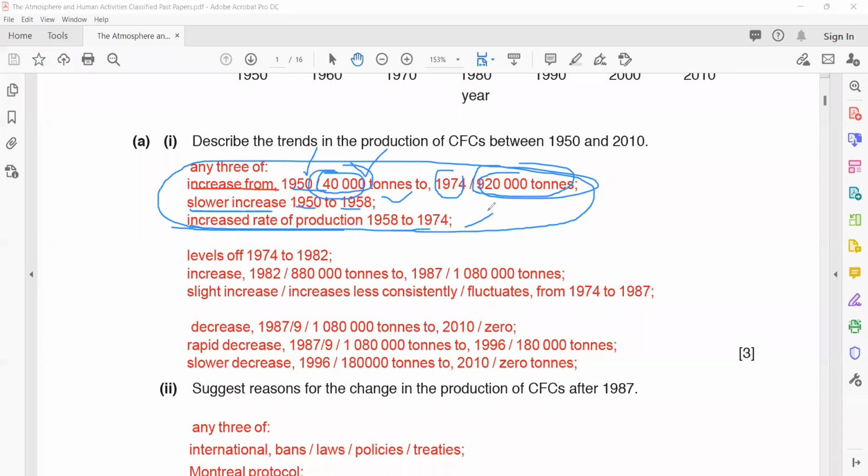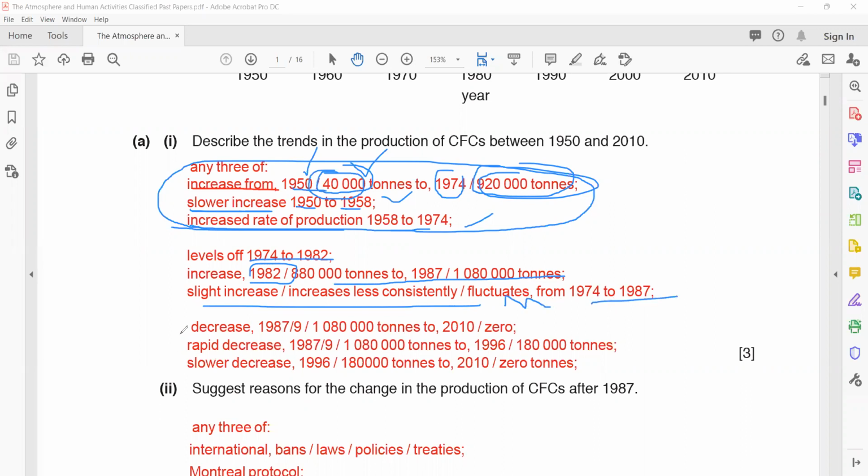After that, they're saying 1970 to 1982, it is just like on the level, not increasing that much. But after 1982 it increases, and how much is written here. Then a slight increase, and then it fluctuates, meaning sometimes increase, sometimes decrease.